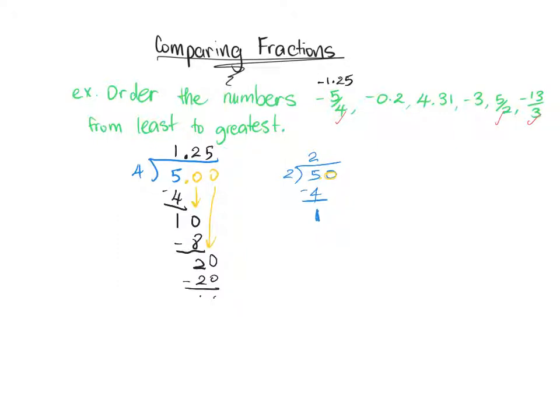We're extending the number, so I put 0.0. Bring that down, and we get 10. 2 into 10, you get 5. But remember, we extended that number, so it's 0.5. All right. Hopefully that makes sense to you. If not, definitely go back to that video. All right, so that is 2.5.